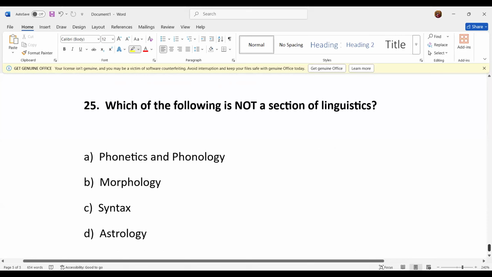Last one. Yes, astrology. Astrology is not a field or area of linguistics.